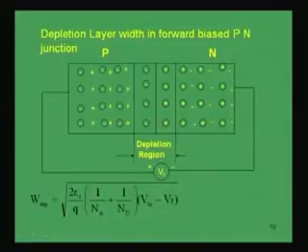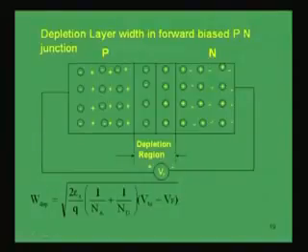So, they will be coming towards the junction, and in the process they will be neutralizing these ions, as a result of which the depletion layer width will be reducing. That means there will be less uncovering of the fixed charges. So, the depletion layer width reduces, and it will now be given by the earlier open circuit expression with VBI replaced by VBI minus VF, because the potential barrier, the potential hill, is reduced by this voltage.